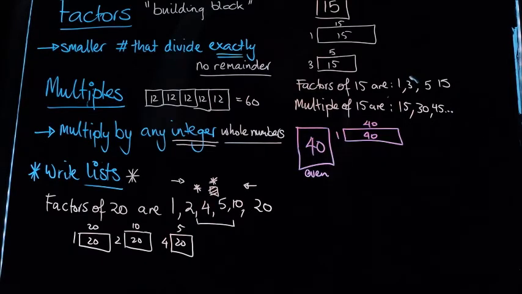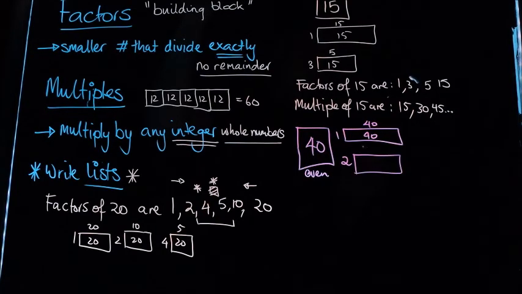We're going to examine the numbers between 1 and 40 and see what goes in evenly. It's an even number, so 2 goes in there 20 times. 2 times 20 is 40. And I've still got an even number up here, so I'm thinking 4 times 10 is 40.